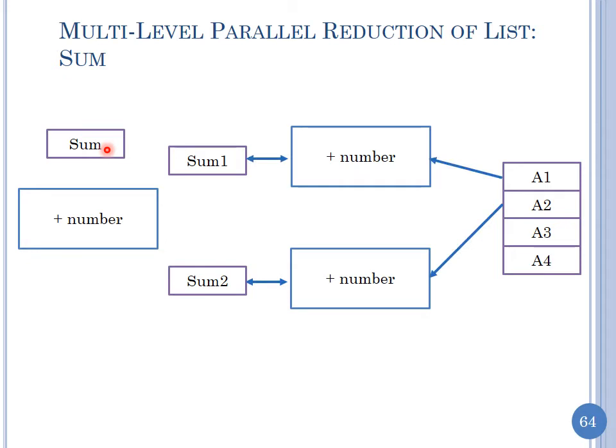So in parallel, each thread gets an element from the array. It uses that as an operand to this binary operation here, plus the second operand is this result variable, and it writes back to this variable the result.